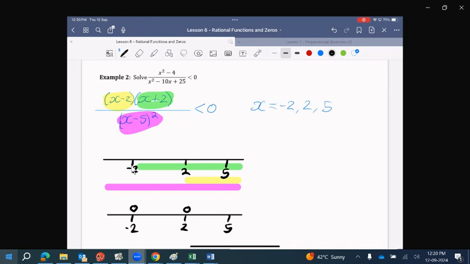When g of x is 0, the function will be 0. What's going to happen at 5? It's going to be undefined at this point. So we can't include this in the domain because we can't divide by 0. And then we are going to be positive, positive, positive, always positive.